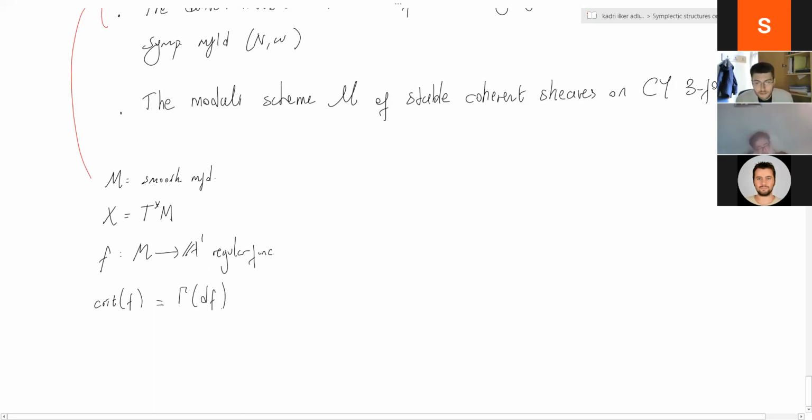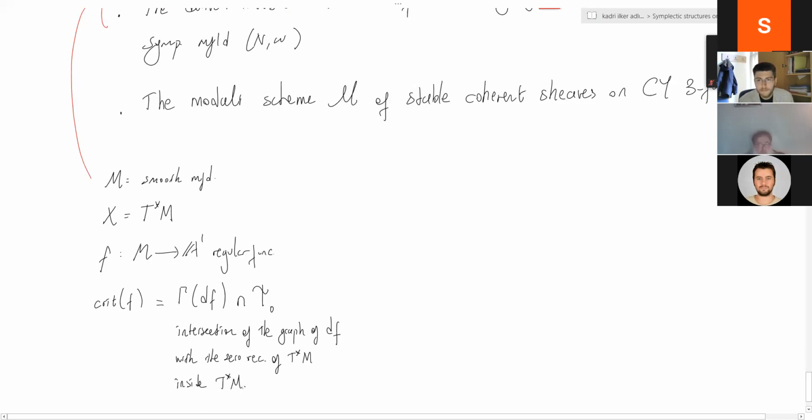This is just the intersection of the graph of df with the zero section of this cotangent bundle, inside T star M.